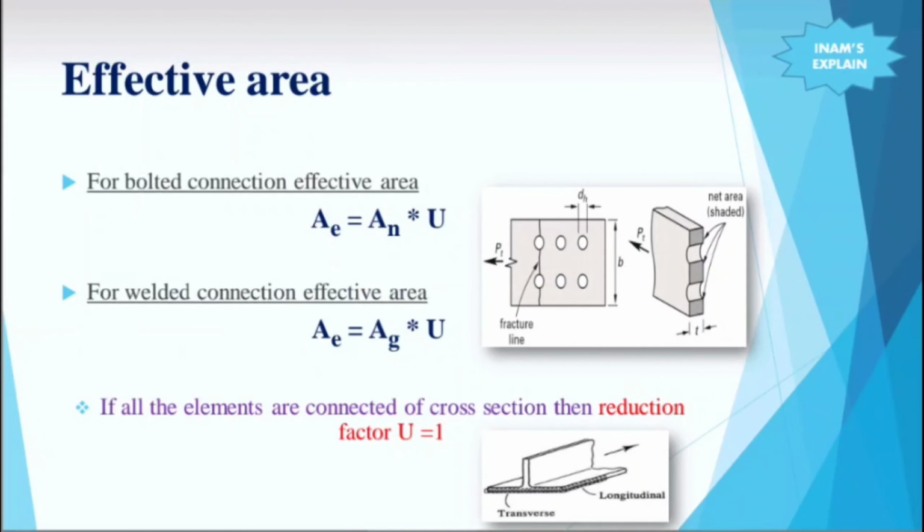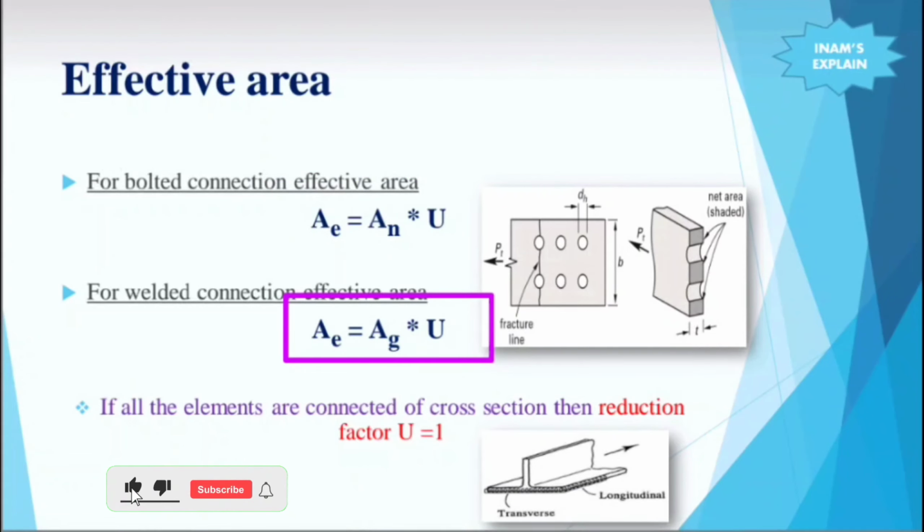The effective area is the product of the reduction factor times the net area. In case of a bolted connection, the formula is the same: effective area is equal to the net area multiplied by the reduction factor. In case of a welded connection, because the gross area is equal to the net area, the effective area will be the reduction factor times the gross area, meaning the total area.